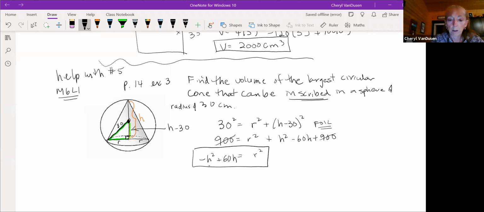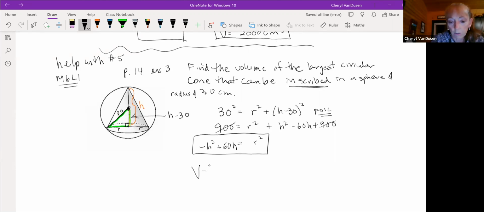Now, volume of a cone. Again, if you're not sure of any of these formulas, just look them up. It's 1/3 pi R squared H. And you might be able to pick up on why we solved for R squared, because we can just substitute directly into this.